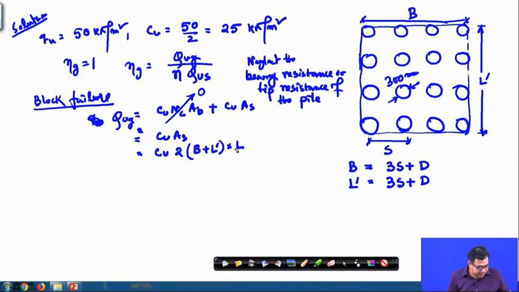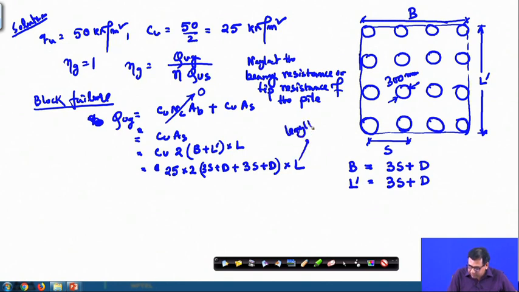So, I can write the value as 25 into 2 into (3S plus D plus 3S plus D) into L, where L is the length of the pile.